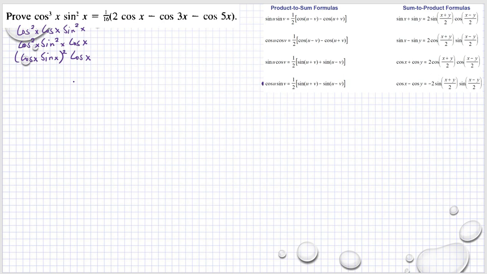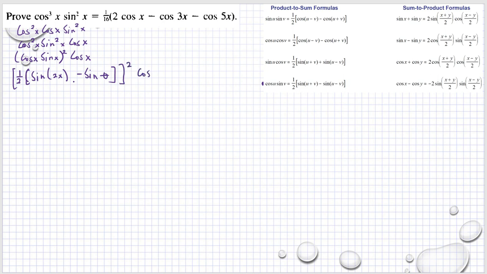Then we have 1/2 sine 2x, and then minus sine 0. And then we have squared there. All of this is squared.